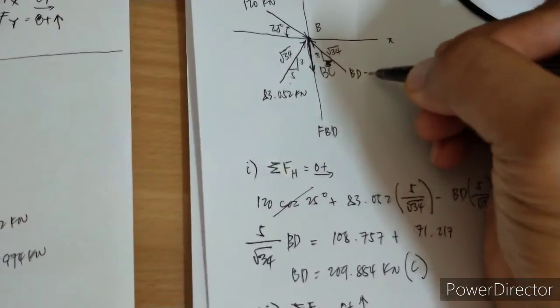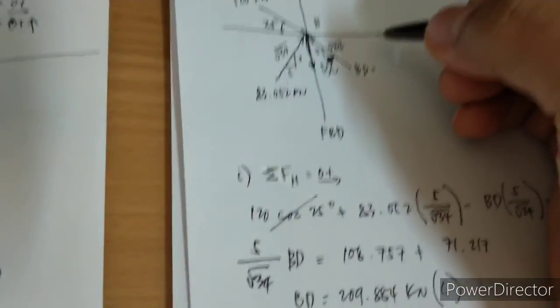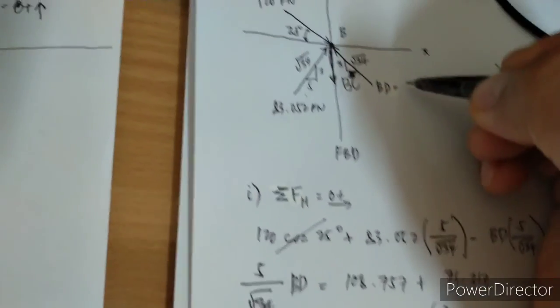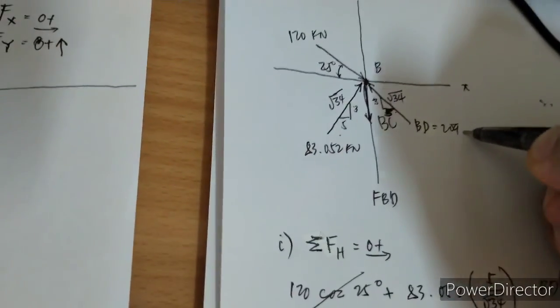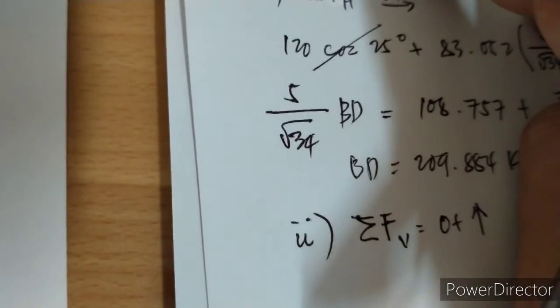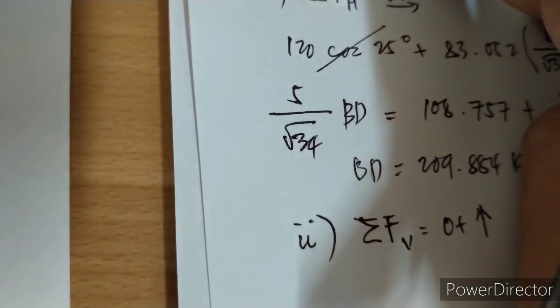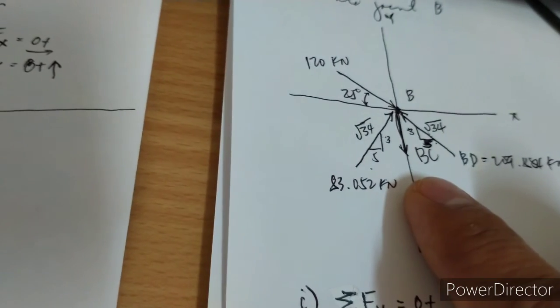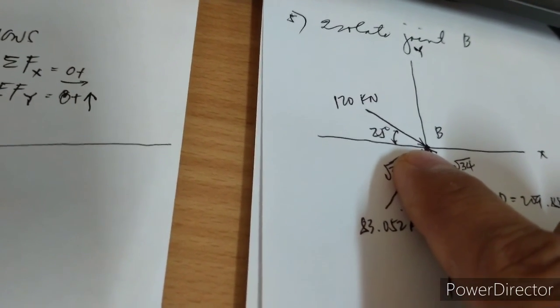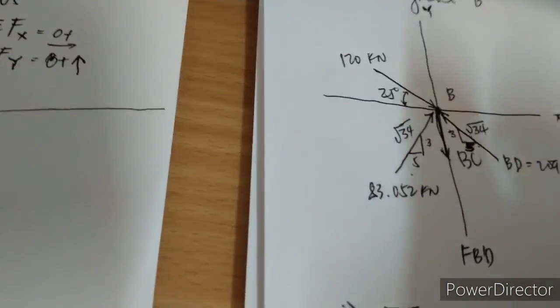So we have a value for BD, so that you have a guide, and just simply to indicate in the free body diagram, 209.884 kilonewtons. So doing summation forces vertical, so BC is going down, force BC, and the vertical component of 120 is going down, so negative.